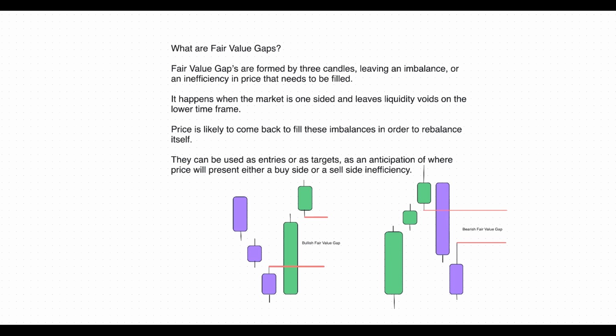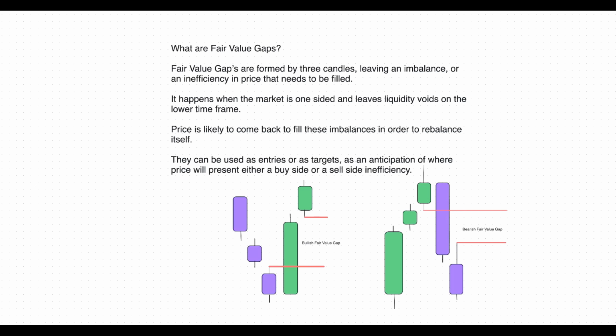I tend to use the 1 hour, 4 hour, and the daily as either targets or areas of interest for price to start creating another set of fair value gaps on the smaller time frame, so you can combine them.